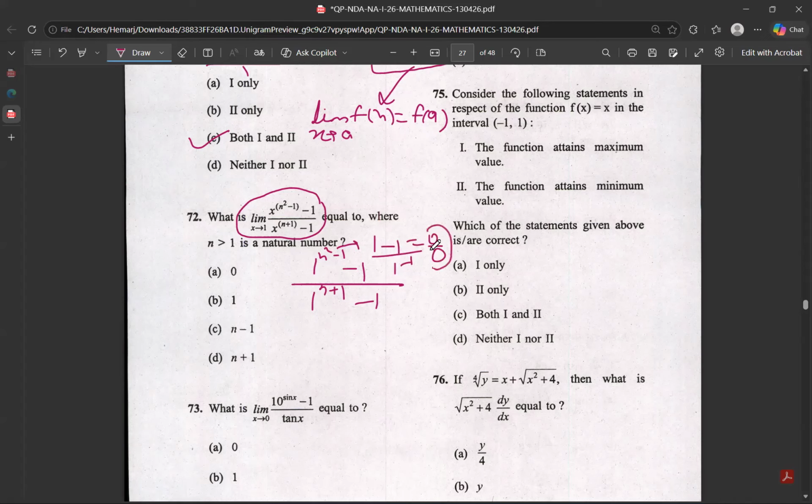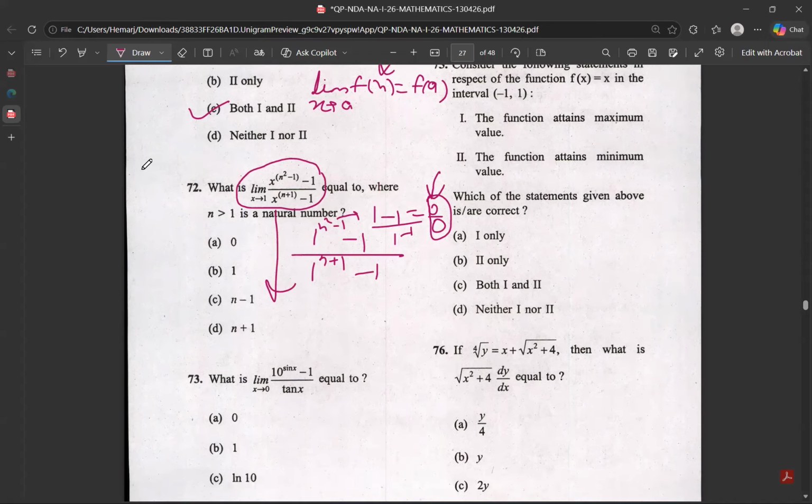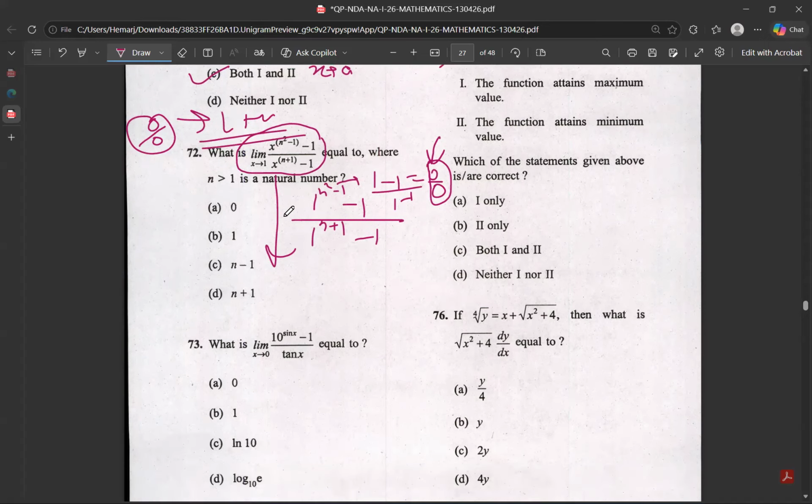I know that this is not defined, but 0 by 0 is an indication that here we will use the L'Hospital rule. Whenever while doing a limit question you find 0 by 0 form, it means we have to use the L'Hospital rule. Now let's implement the rule. The rule says that we simply have to take the derivative of the numerator divided by the derivative of the denominator.